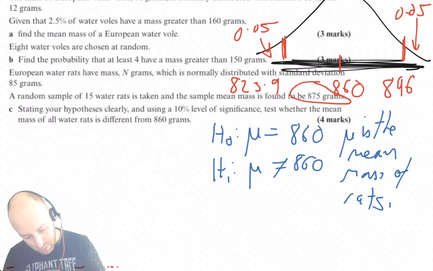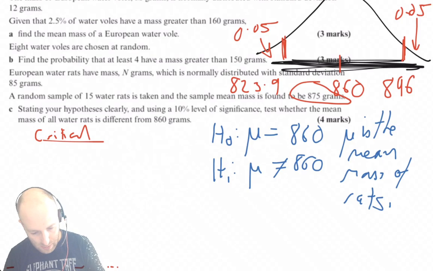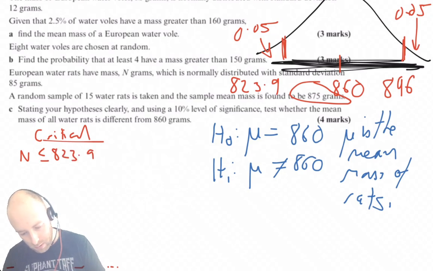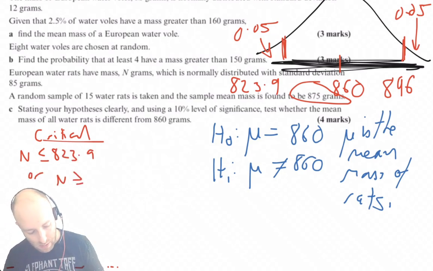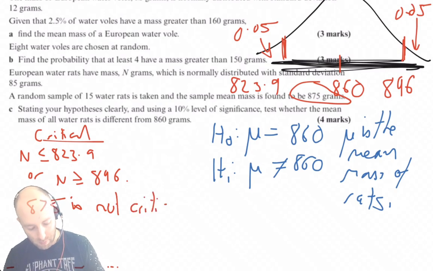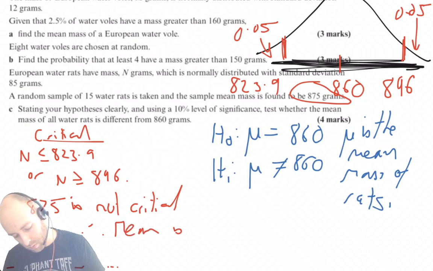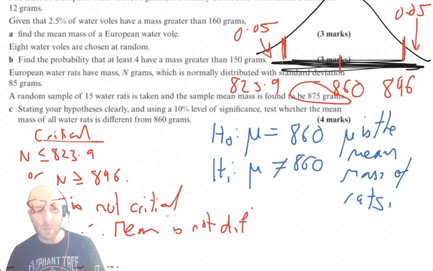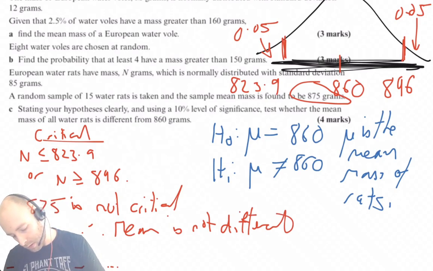So critical regions are n is less than 823.9, or n is greater than 896. 875 is not critical, therefore mean is not different. Which hypothesis are we accepting? The null hypothesis. Accept H0.